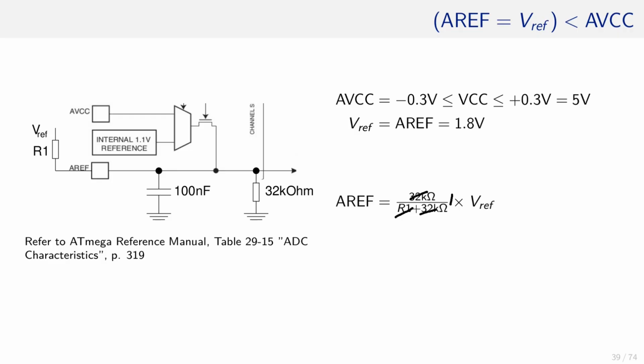On the other hand, I have to make sure that the current is limited. With R1 equal to 0 ohm, I am not going to achieve any limitations on the current. The question is now, what is the smallest size of R1 so that the current is not more than 1 milliampere, which is considered to be safe?